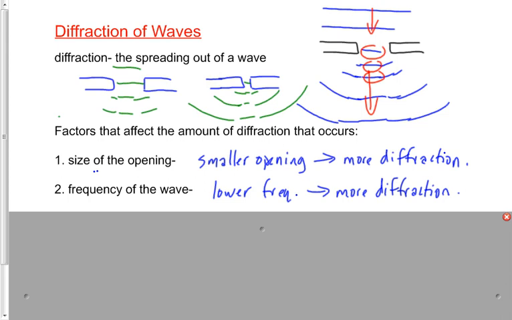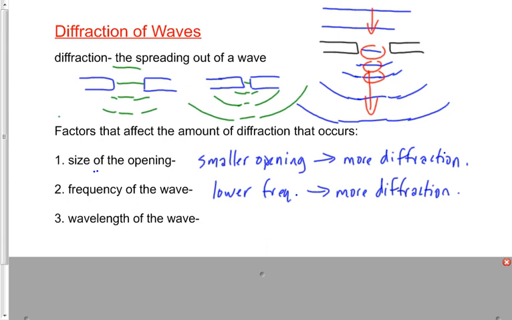Now, wavelength is inversely related to frequency. So this one's easy. Low frequency gives me more diffraction, while high wavelength gives me more diffraction. It's going to have the exact opposite effect as frequency.